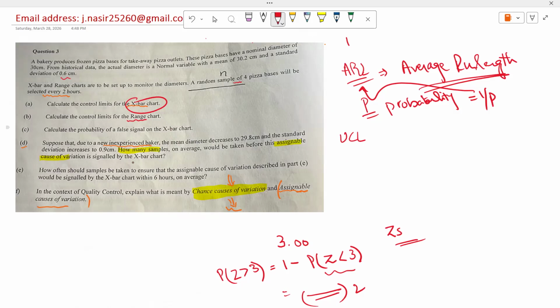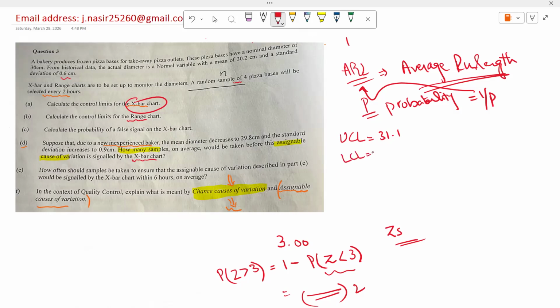What was it, if you remember? My UCL for the X bar chart was 30.1, and my lower control limit was 29.3.